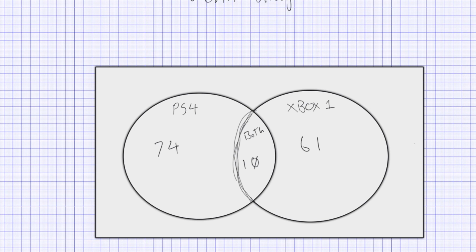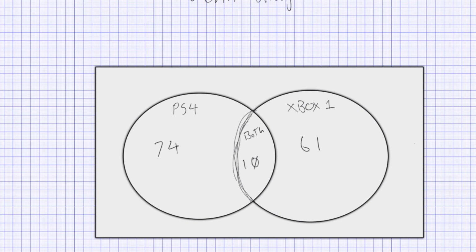Now, I'm sure you've guessed that given that these three values are within the rectangle, there is still some extra space around here that does not fall into either PS4, Xbox One, or both. As you can guess by now, that's allocated to people who have neither PS4 nor Xbox One.